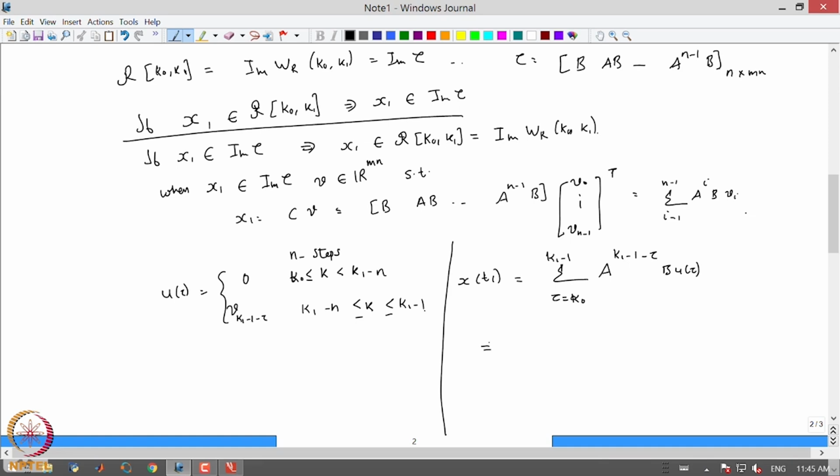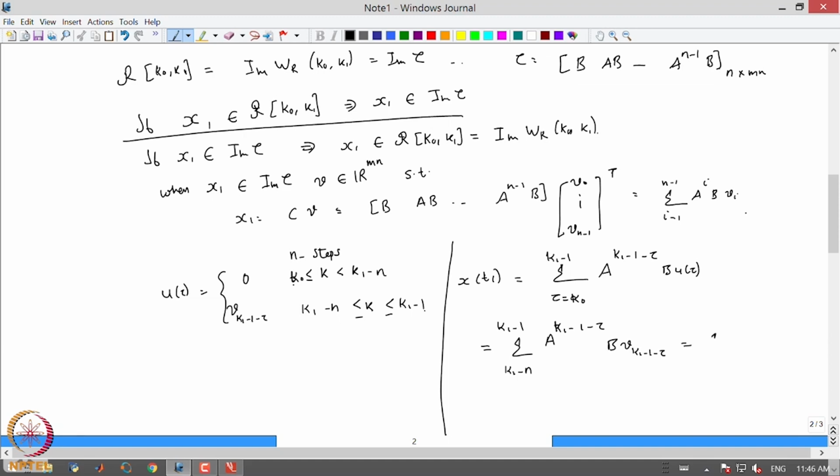Okay. So now this u of tau is 0 from k0 to k1 minus n. So, I just start from here, right. So, this is equal to the summation from k1 minus n to k1 minus 1 of A power k1 minus 1 minus tau B v of k1 minus 1 minus tau.